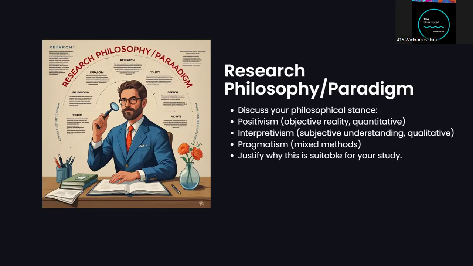So there are different types of philosophies, right? Positivism, interpretivism, and pragmatism. You can also give a slightly brief definition for these different philosophies as well. And then you have to give a citation to recognize who has found those definitions and who has reported them.